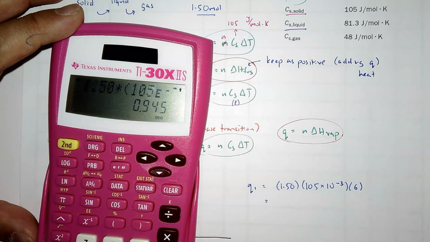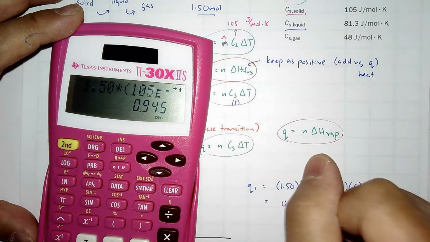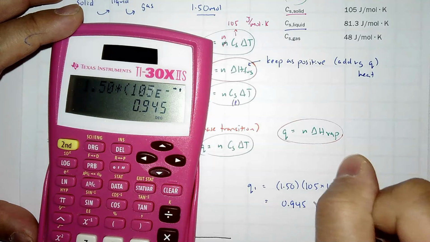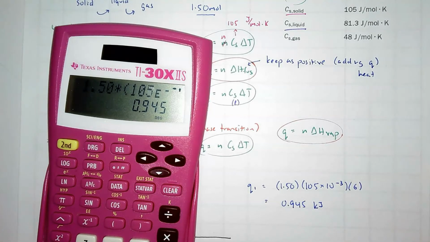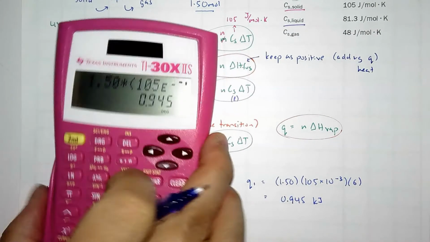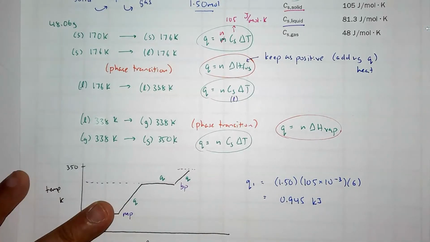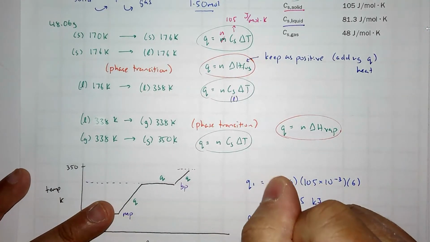This will be in kilojoules. 0.945 kilojoules. That's Q1. We're going to add up all the Q's at the end.